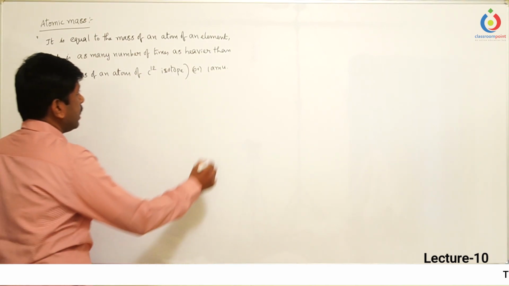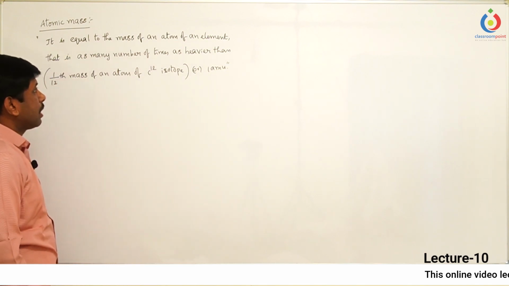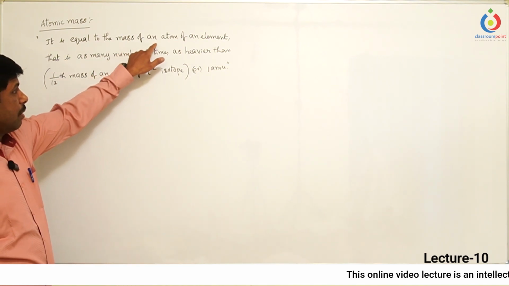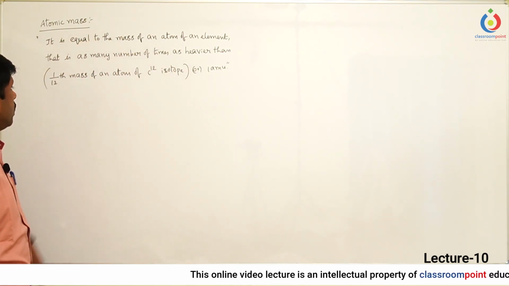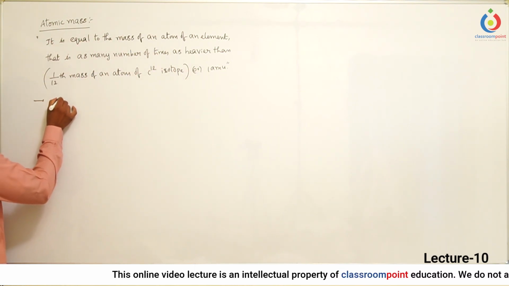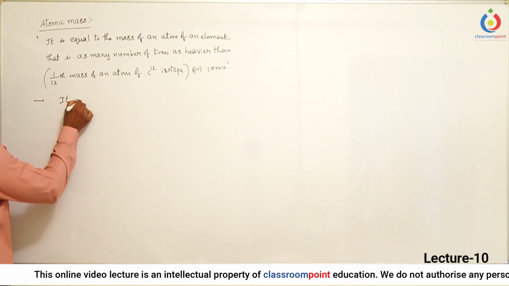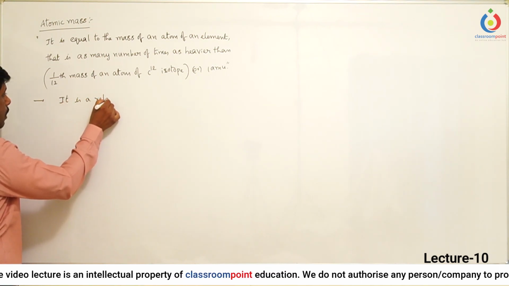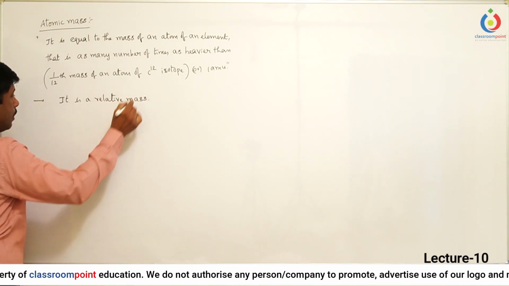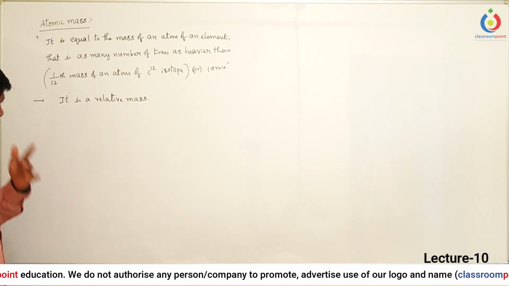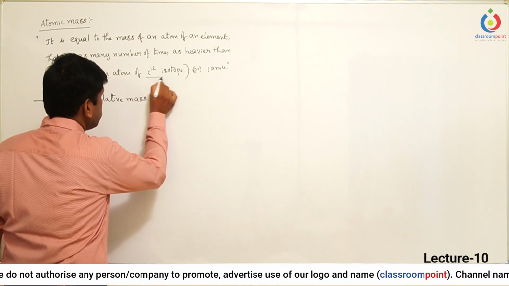That means if you take any atom, we are comparing the mass of that atom always with the atomic mass unit. That is the reason why these atomic masses are always called the relative masses. So it is a relative mass. Then the question arises, why was the carbon-12 isotope selected?